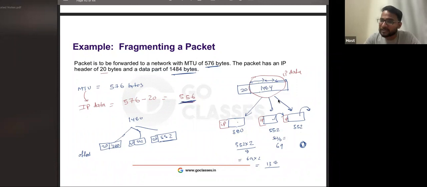If the total length is given to you, then you need to subtract. So this 1480 you will divide into 556, 556, 556. But since 556 is not divisible by 8, you need to take the value very close to it which is divisible by 8. So 552, basically, right? Why do we need to divide by 8? Because of the offset.